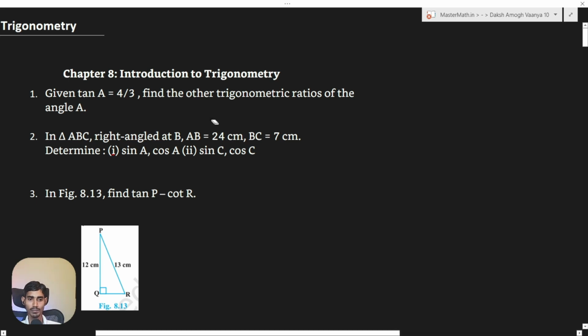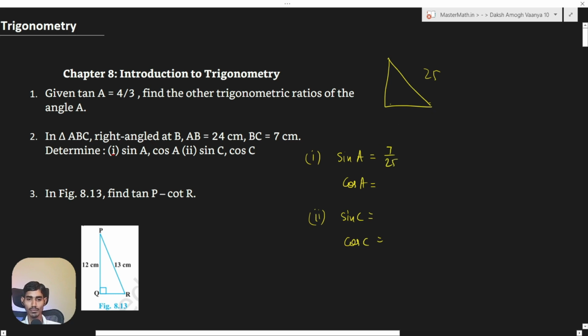Yes, Vanya, tell me. Yes, sir, I got the values. Sir, the third side by the Pythagoras theorem is 25. So sine A is BC upon AC, which is 7 upon 25.